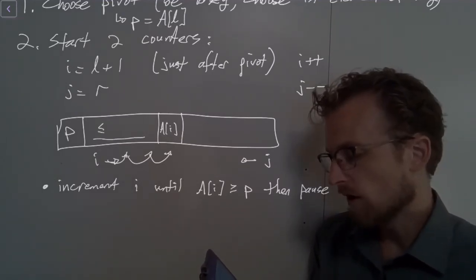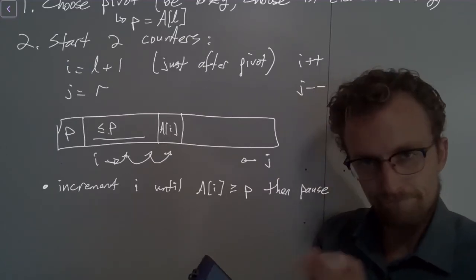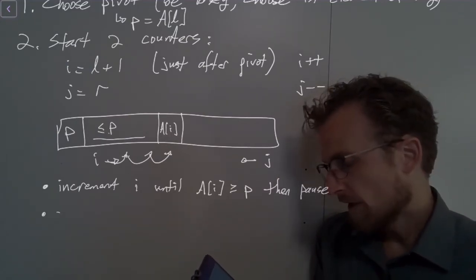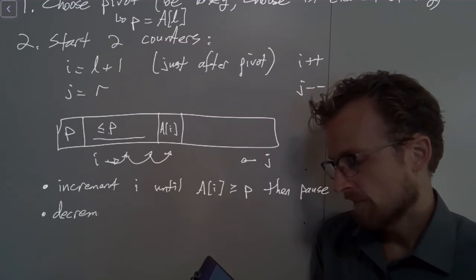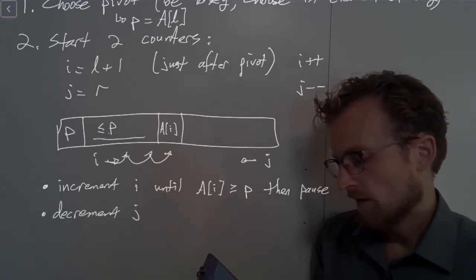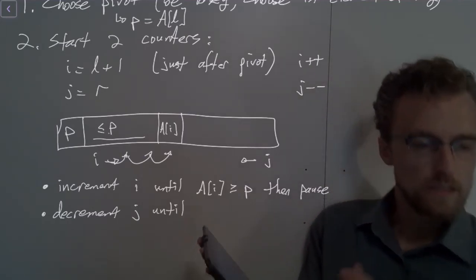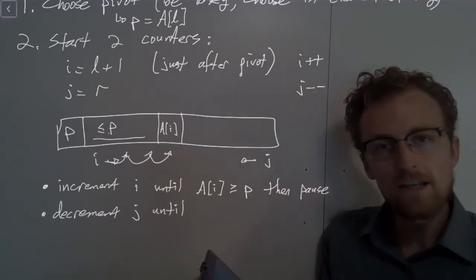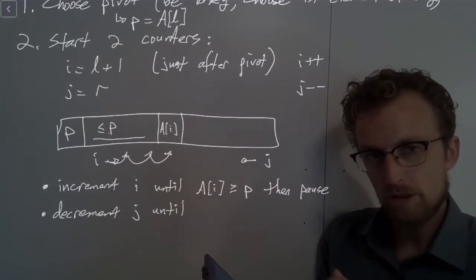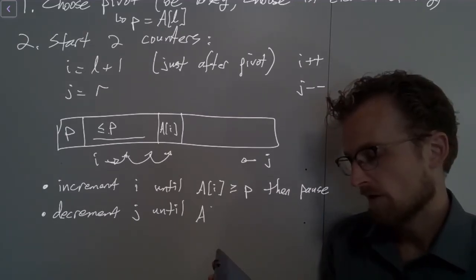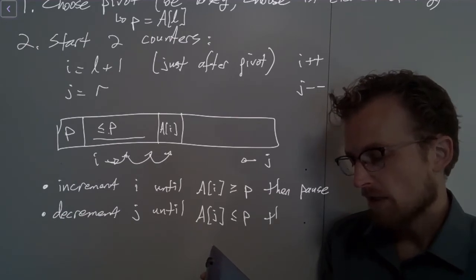Then we'll decrement j until a very similar condition, but now it's going to be in reverse. We're going to decrement j until j finds something that's less than or equal to the pivot, and then it's going to pause.